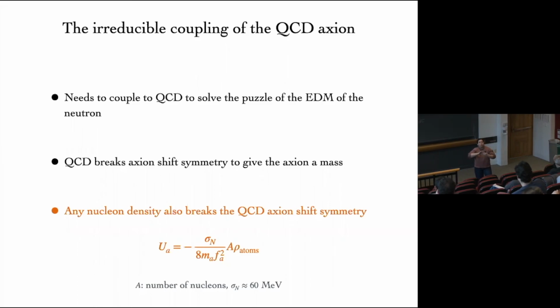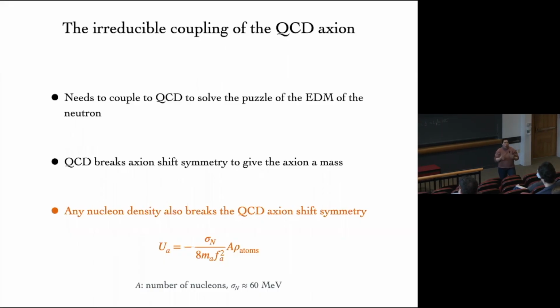It would feel that potential because it needs to couple to nuclear interactions to solve the strong CP problem in the first place, to explain why the neutron electric dipole moment is so small. So this is the interaction potential of the QCD axion as it goes through matter.